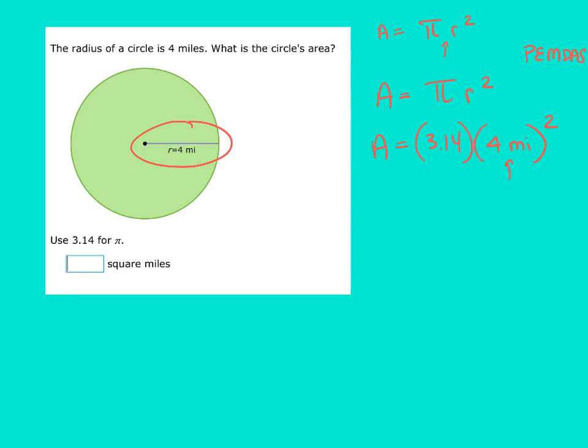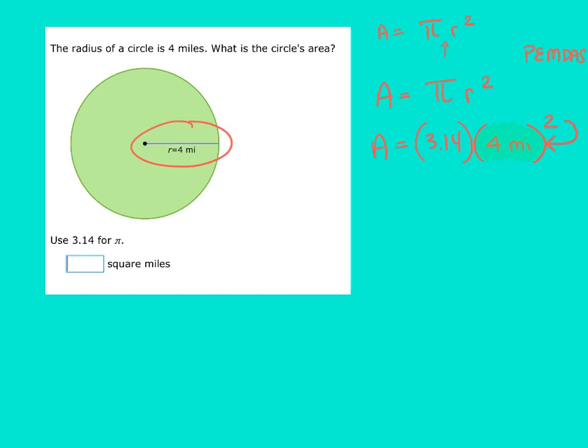And there's only a 4 miles in the parentheses, and there's only a 3.14 inside this parentheses. Not a lot of fun going on in there. There's nothing really to happen. So we're going to go ahead and play with the exponent. An exponent multiplies what it's immediately next to. And in this case, it's our friend, the 4 miles.